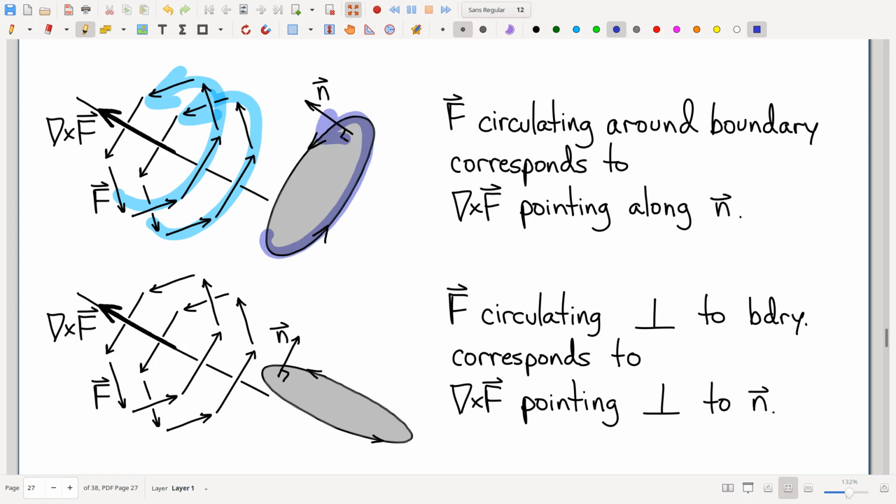And so why does curl.n give us that result? Well, because look, the curl and the n are pointing in the same direction.